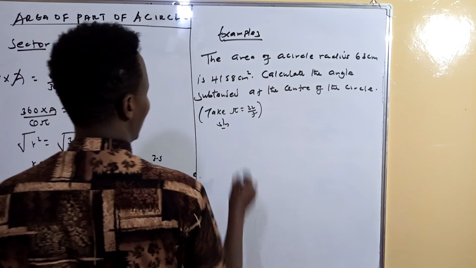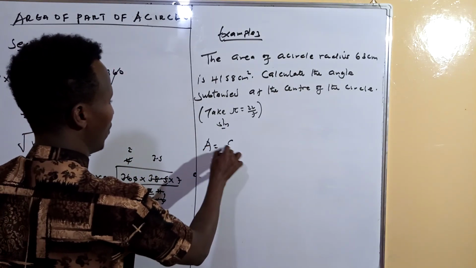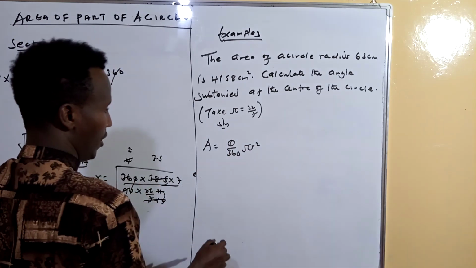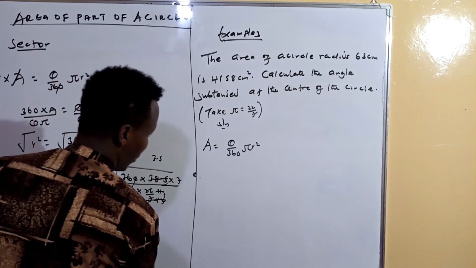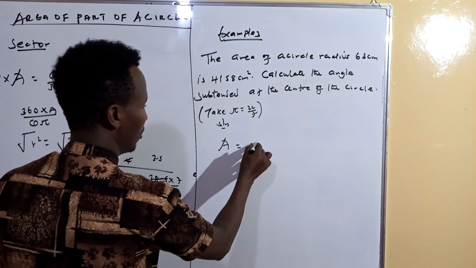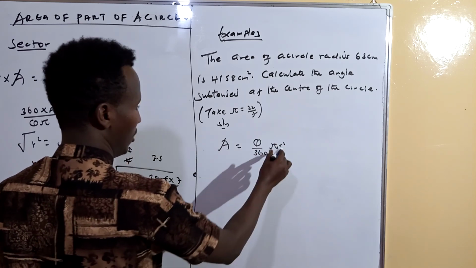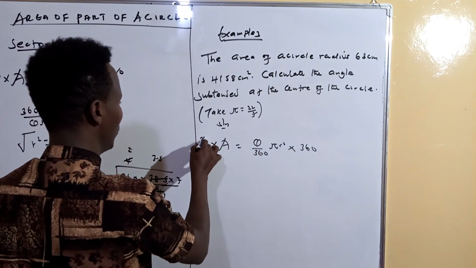Now this is what we are going to say. Remember, area A is equal to theta over 360 times pi r squared. This time we want to get theta. Again, let me write like this: area is equal to theta over 360 times pi r squared. Then let's eliminate this one: times 360 here, times 360 also here.